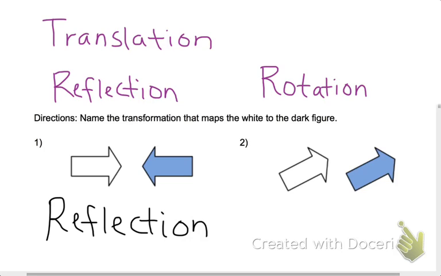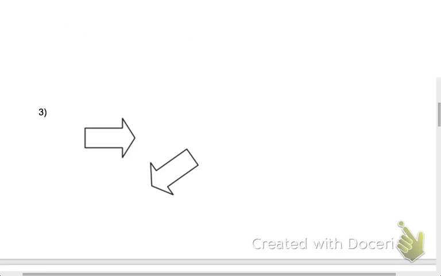So it's sliding from the white arrow to the blue arrow. So that one would be a translation. Number 3, this one is a turn. The arrow is turning from this one right here to this arrow right here. So that would be called a rotation.